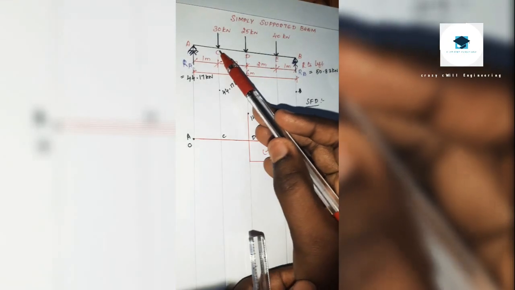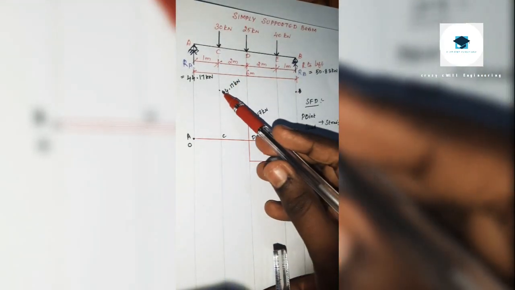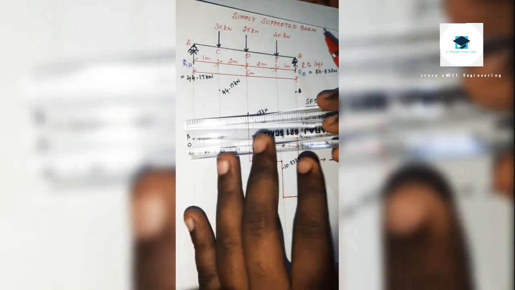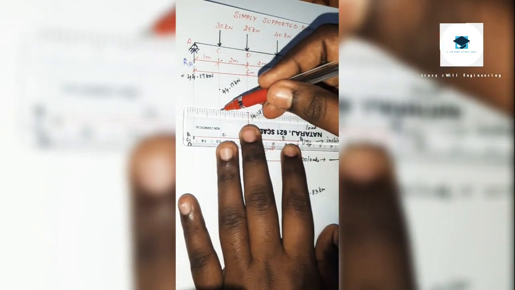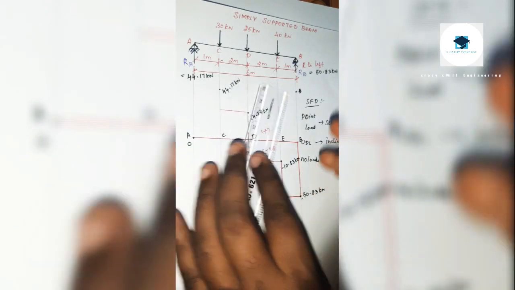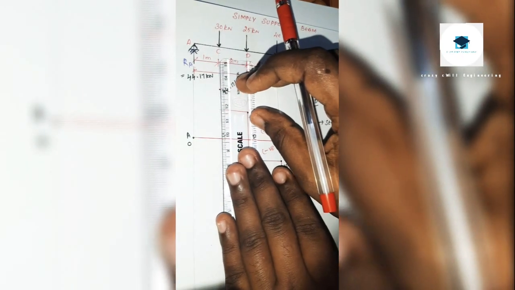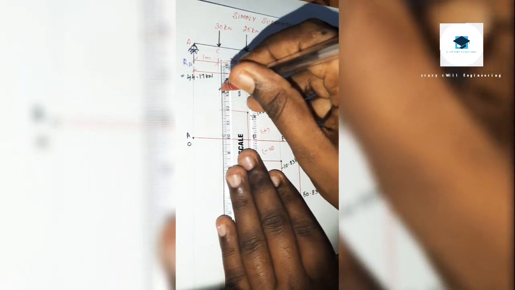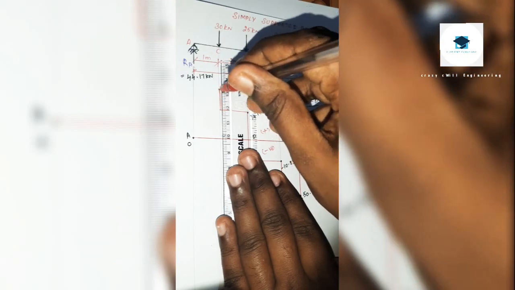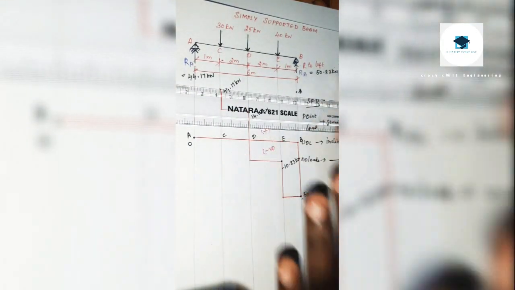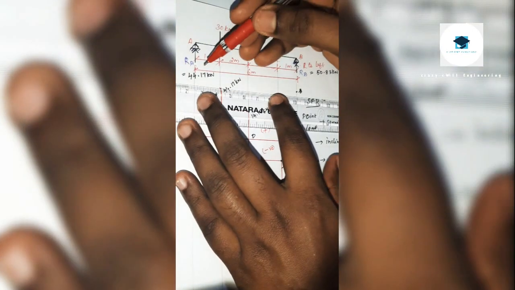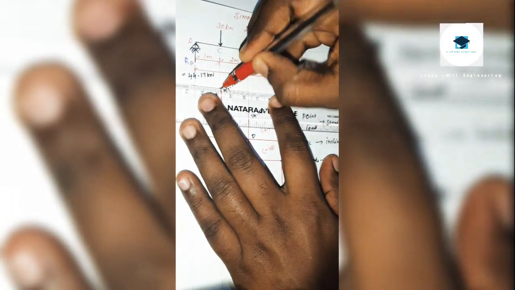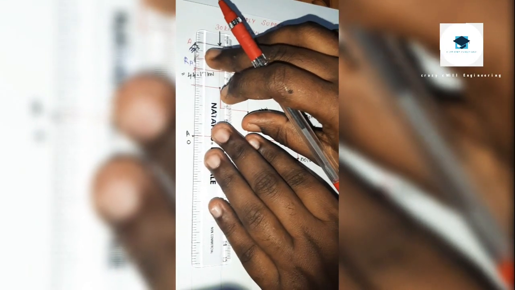Next, shear force at C is 44.17. So between C and D there is no load. So draw horizontal, then vertical for this 30 kilonewton load. Shear force at A is 0. So between A and C there is no load, so horizontal and finish it at A.